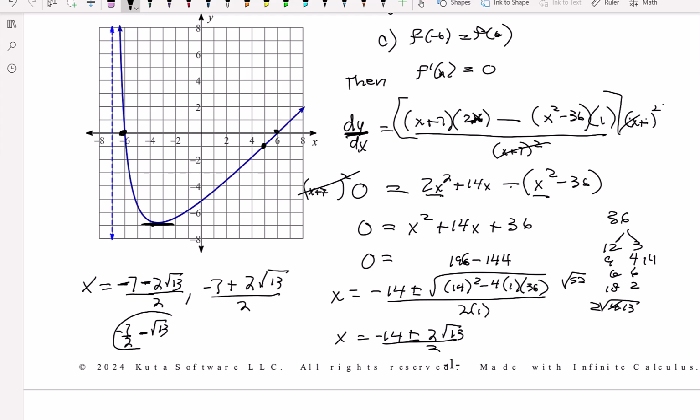So these two are over this way, probably in this area right in through here. Well, that's not in the interval. So we can cancel that one out, and we can say that in this case, our only x value is negative 7 plus 2 root 13 all over 2. All right, that's it for Rolle's theorem.